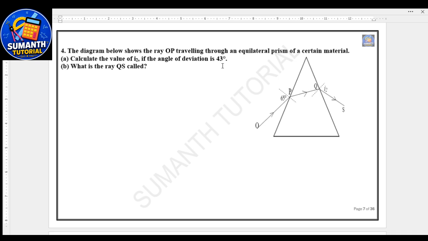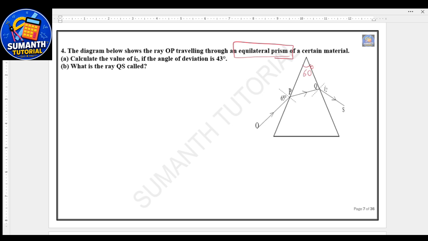Calculate the value of I2 if the angle of deviation is 43. What is the ray QS called? Now see here. First thing you should note, it is an equilateral prism. If it is an equilateral prism, obviously angle of the prism, how much? It will be 60 degree.